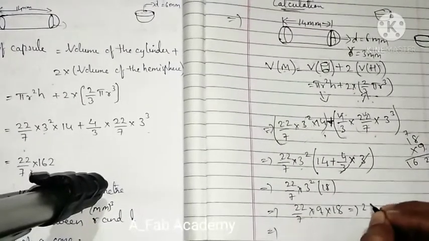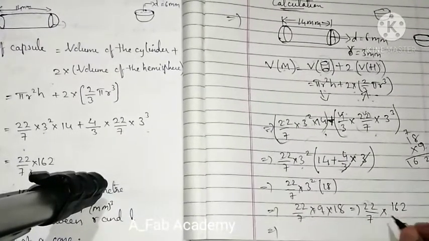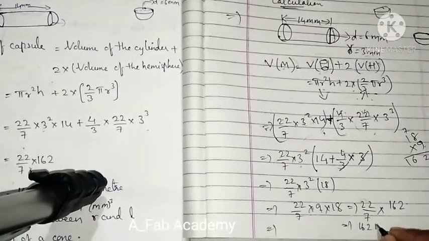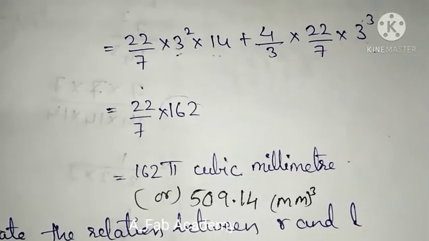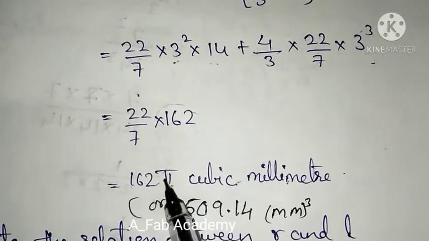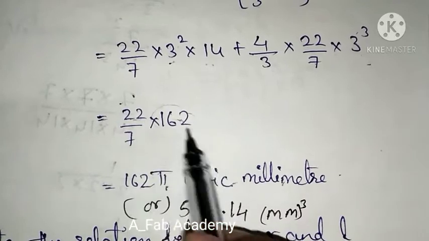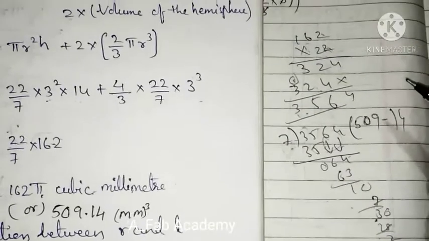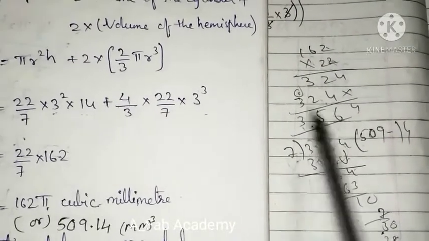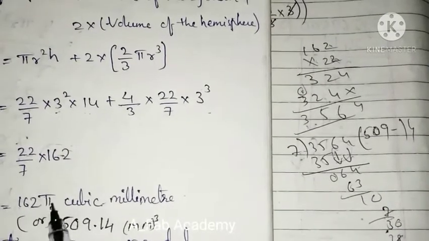You will get 22/7 into 162. 22/7 value is pi, so you can write 162 pi cubic millimeters, or else you can multiply 162 into 22 and you will get 3564, and then you have to divide 3564 by 7.